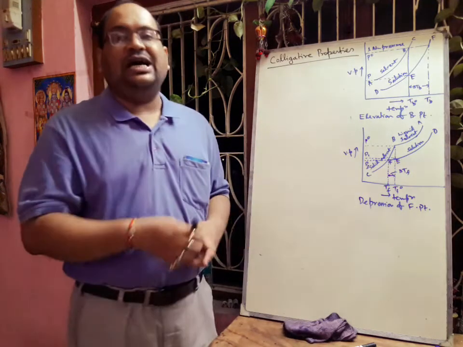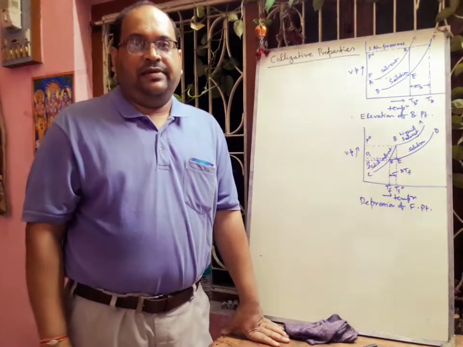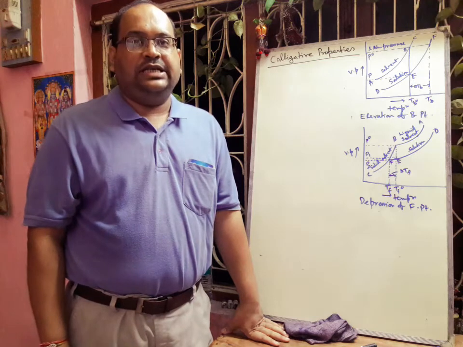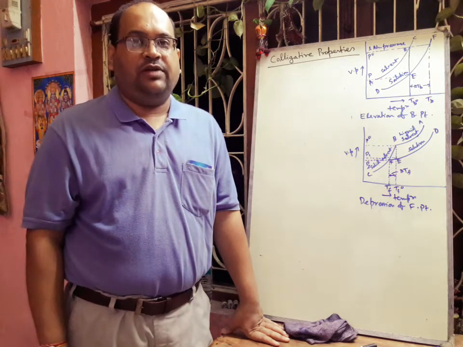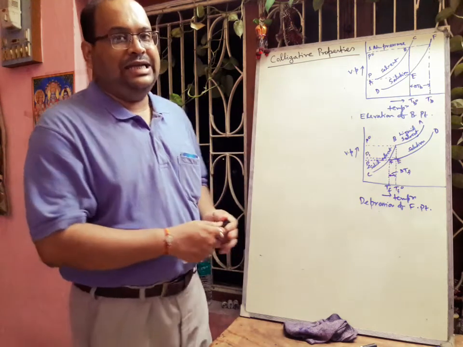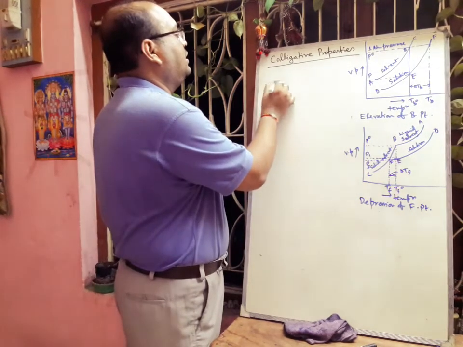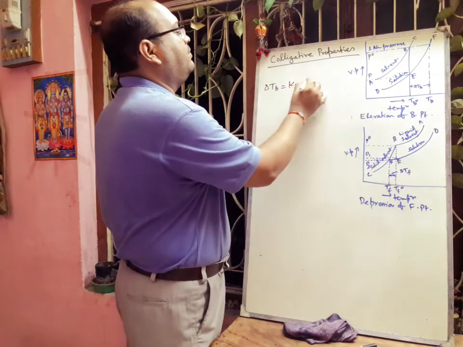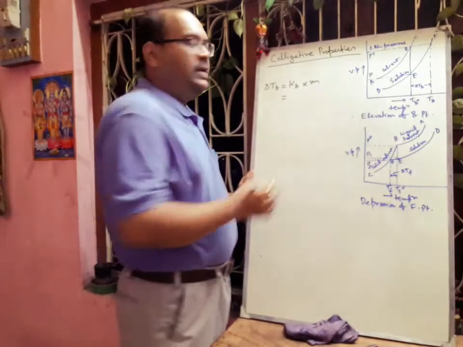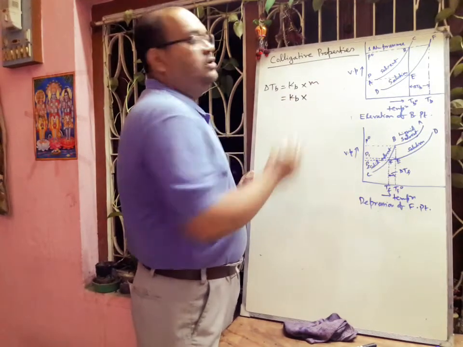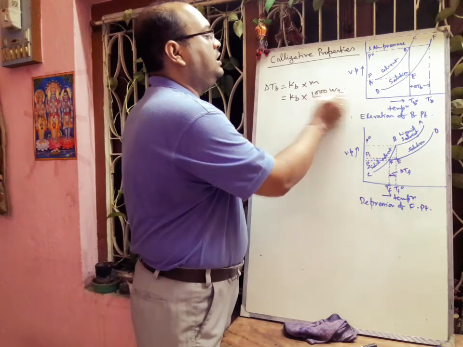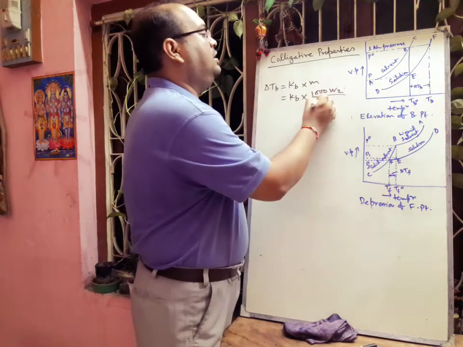So next we will discuss that by measuring the elevation of boiling point of a solution of unknown concentration, it is possible to calculate the molecular weight of a non-volatile solute. So we know that delta TB is equal to Kb into M. Now we can write the value of M as Kb into 1000 into W2 divided by W1 into M2.